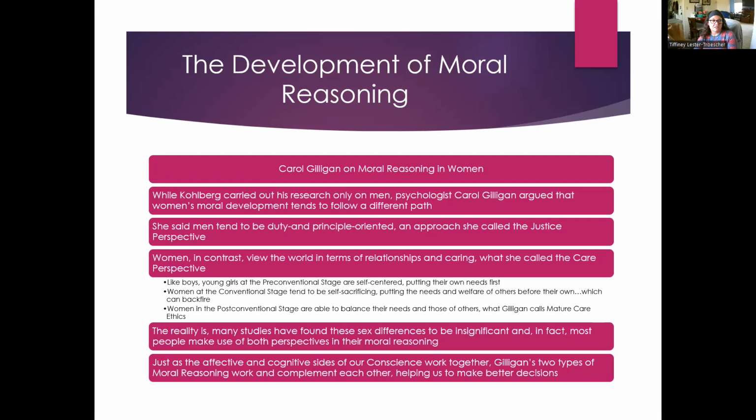It's not so much putting peer norms as the priority, it's that self-sacrificing idea. And then in the post-conventional stage, women are able to balance their needs and the needs of others, what she calls mature care ethics.